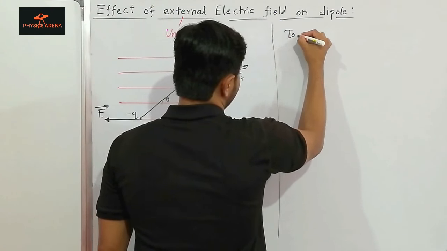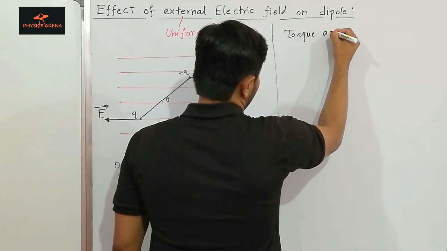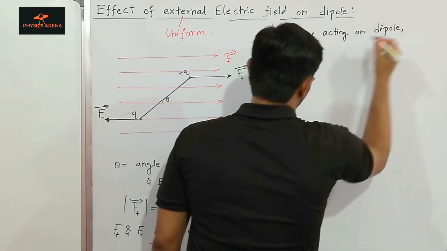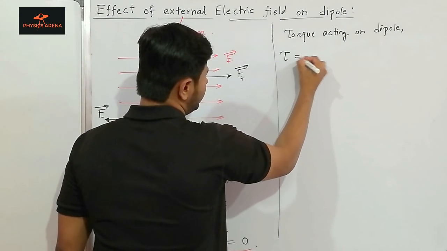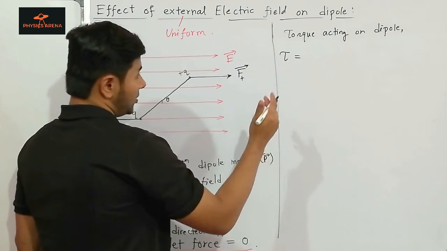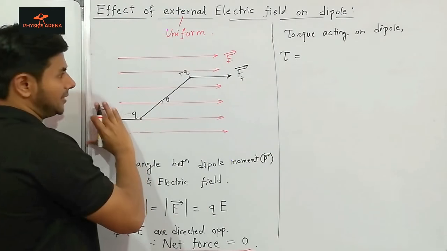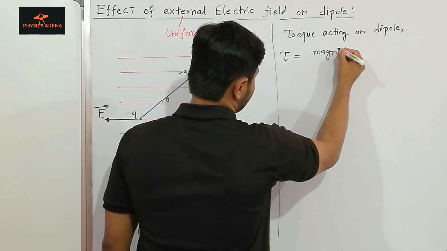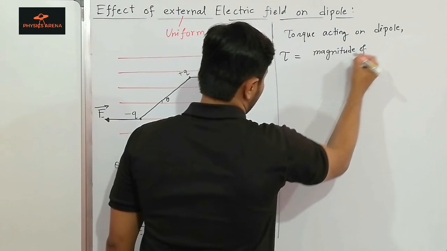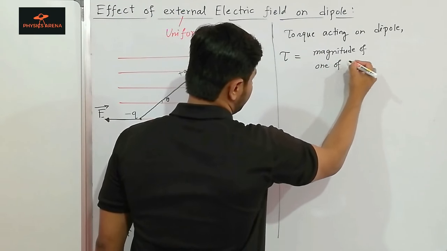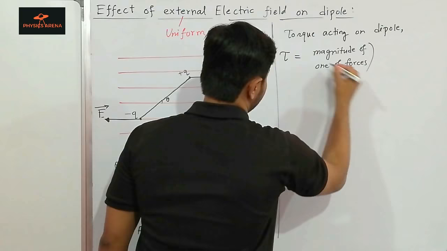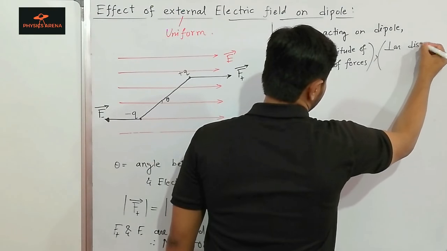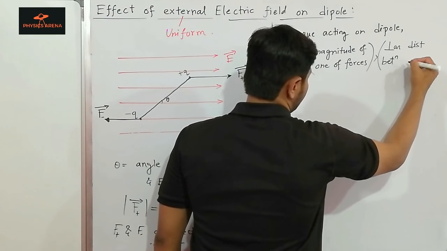So the torque acting on the dipole, let's call it tau. If both forces are the same, then it is the magnitude of one of the forces multiplied by the perpendicular distance between the two forces.